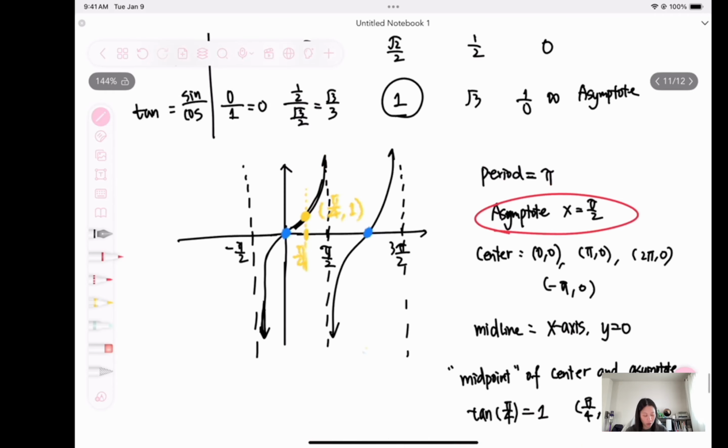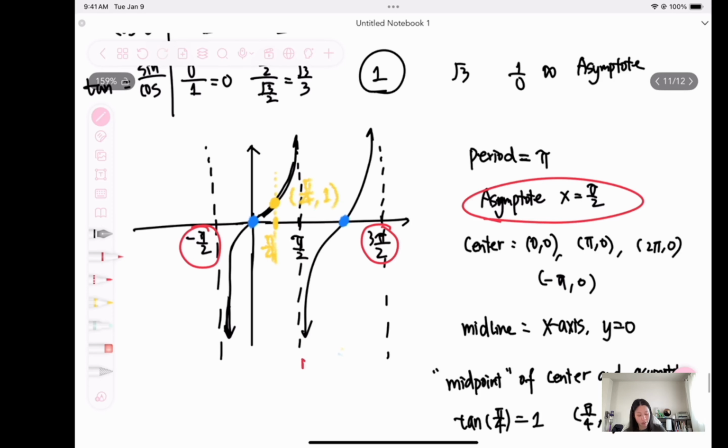Similarly in here, our asymptote is pi over 2, and the next one is going to add a period, which is pi over 2 plus pi, giving you 3 pi over 2. Or you can subtract 1 period, which gives you negative pi over 2. Or you can add 10 pi, which is 10 periods, and then you find another asymptote 10 periods away from the first asymptote.